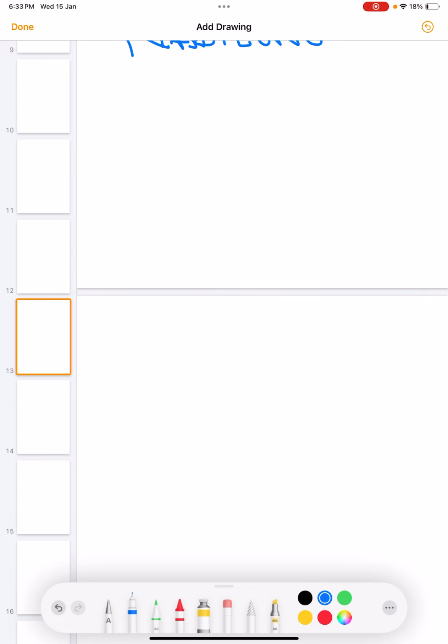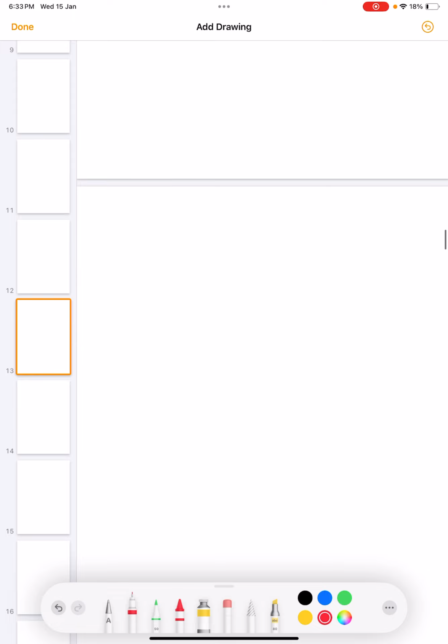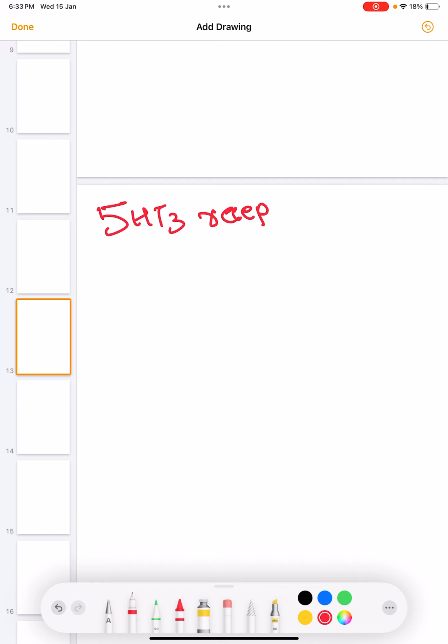Now let's discuss first 5-HT3 receptor antagonist, or serotonin antagonist.